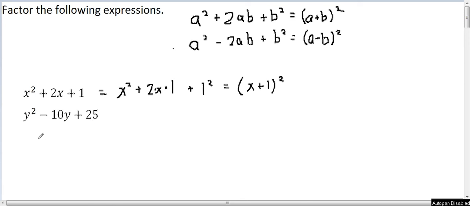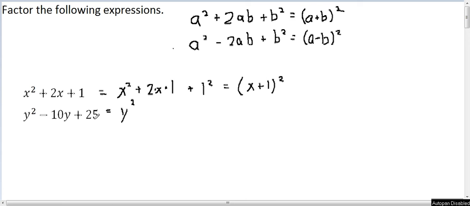Next we have y squared minus 10y plus 25. Since we have a minus sign here, we'll go ahead and use the second formula. And once again, let's try to match up the a first, then the b, and then we'll check the middle term after that. So instead of a, we have y in our expression.